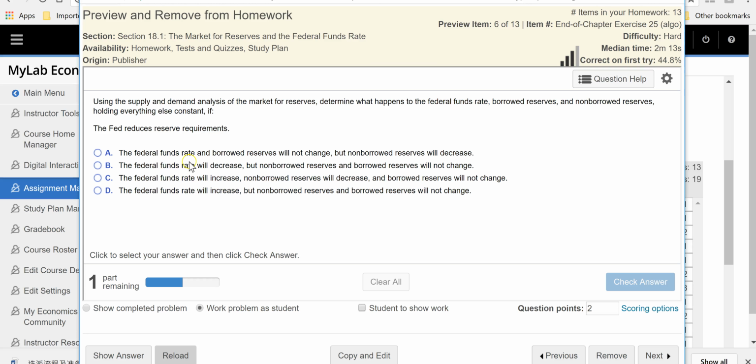And now if the demand goes down, it reduces the requirement, so the demand should go down. When the demand goes down, the price, which is the equilibrium federal funds rate, should also go down. So we should look for the answers which shows the federal funds rate will decrease.